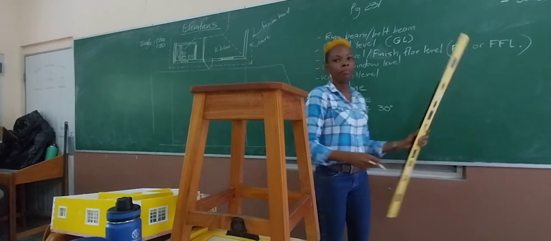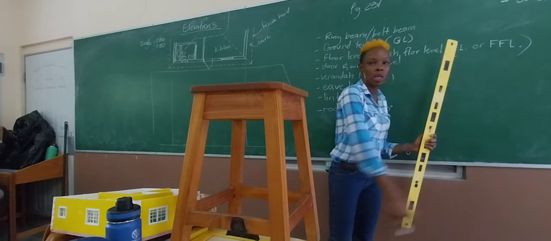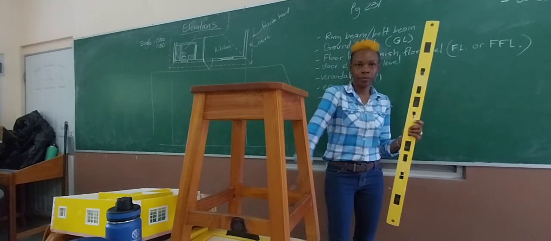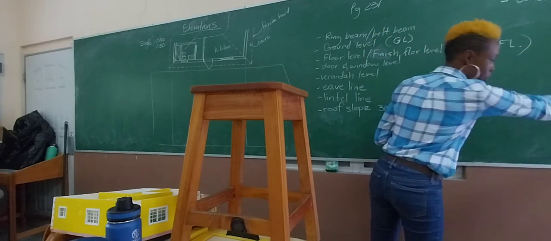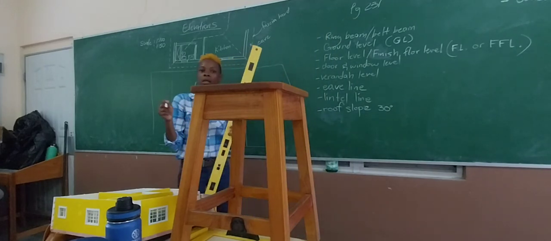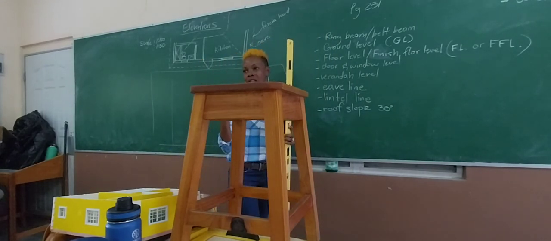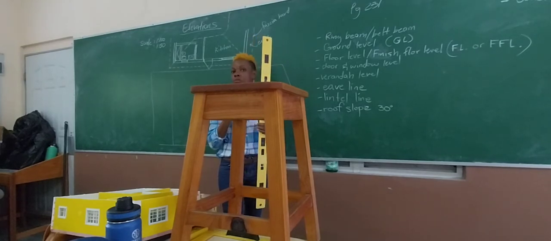Now from the ground level to the floor level, that is where you're standing. So the floor level to the ground level outside, that height we are using, for the SBA and for residential buildings where the building is flat, we tend to use 2 feet, which is 600 millimeters.